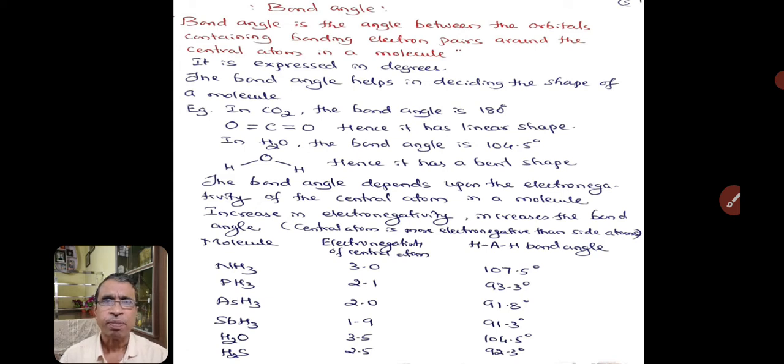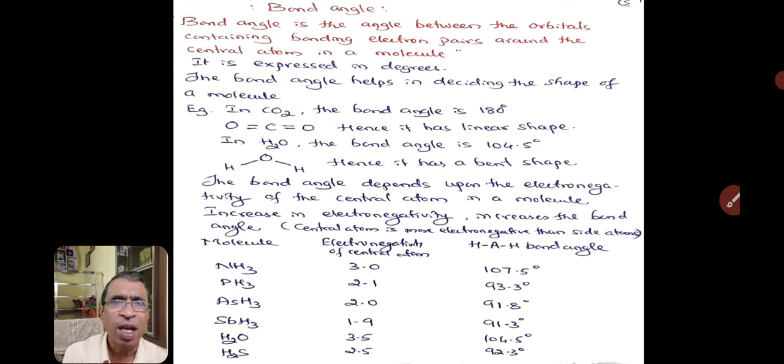107.5 degrees. For the similar molecule PH3, phosphine, nitrogen and phosphorus belong to the same group in the periodic table, but the electronegativity of phosphorus is less than that of nitrogen.